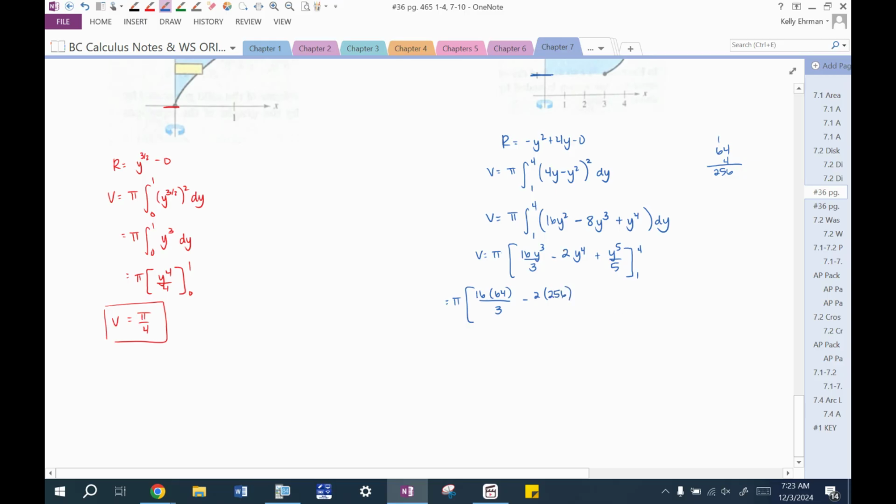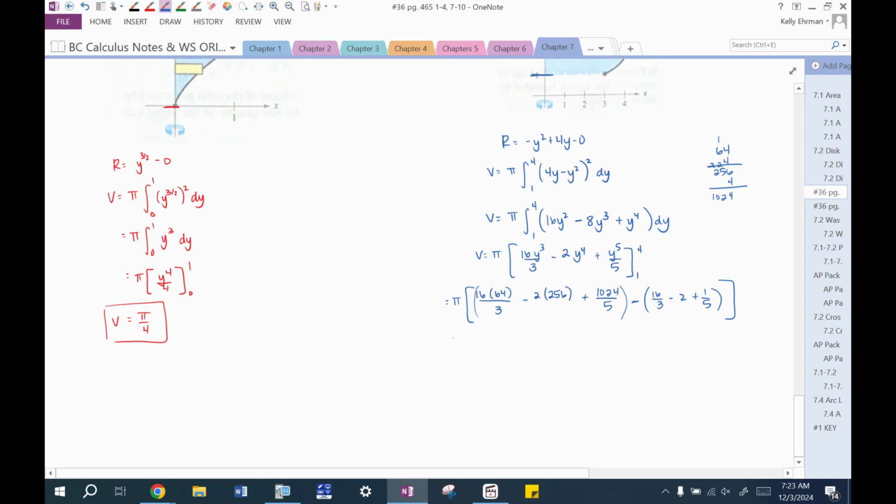And then 4 to the fifth, that's, let's see, 1024 over 5. And that's just plugging in the 4, and then you have to remember to plug in the 1. So, okay, 16 thirds minus 2 plus 1/5.